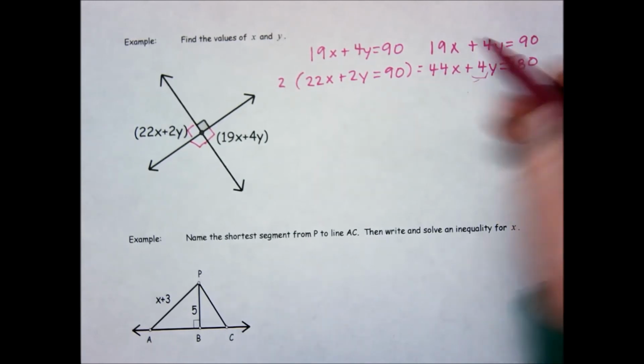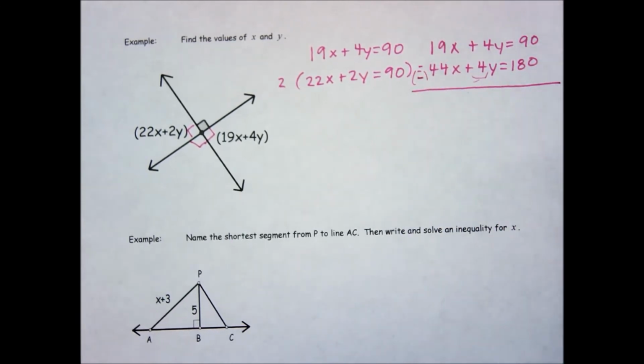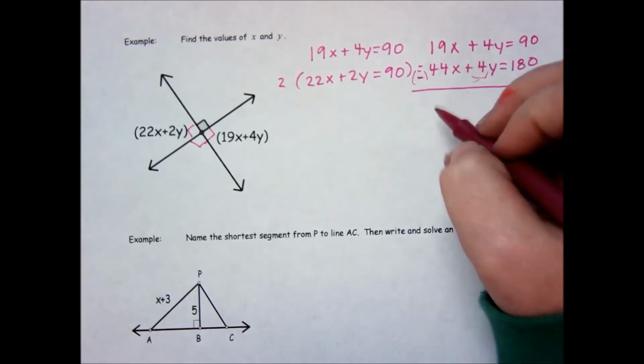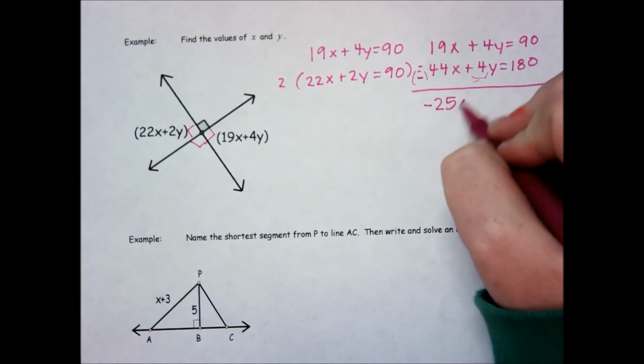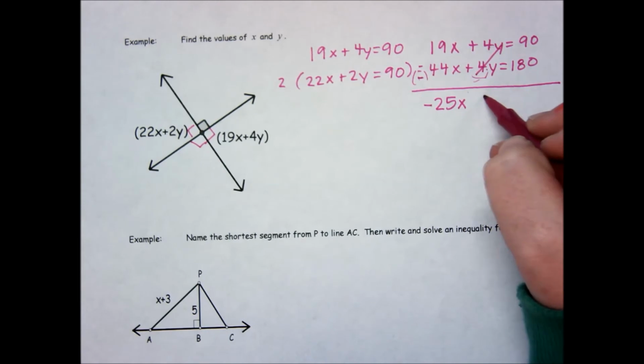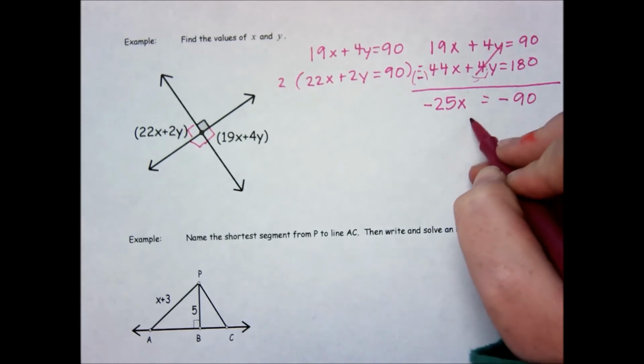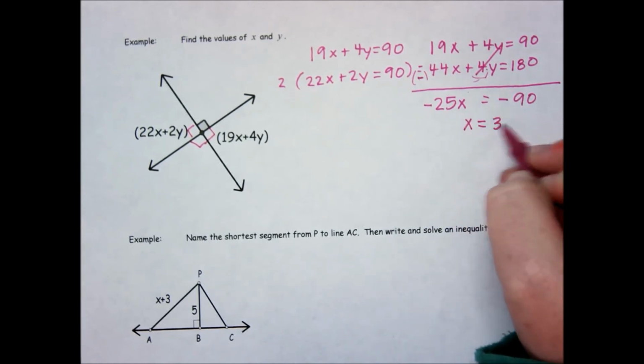They both have a 4. So now I'm going to subtract these two equations from each other. So 19 minus 44 gives me negative 25x. 4 minus 4 gives me no y's. And 90 minus 180 gives me negative 90. So when I finish solving, I end up with x equals 3.6.